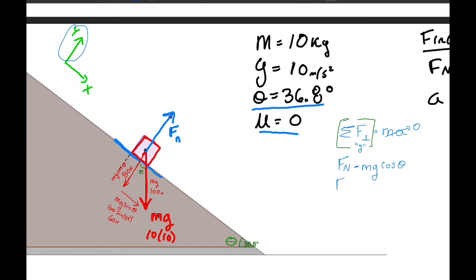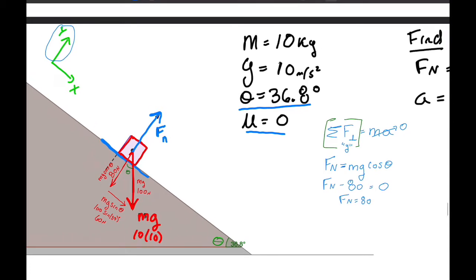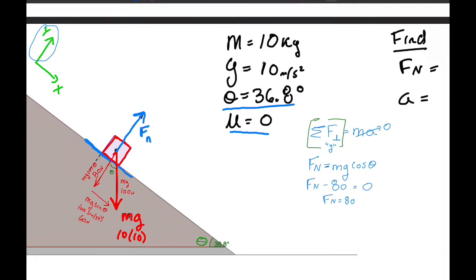In numbers, that's Fn minus 80 equals 0. That's nice. It lets us solve for Fn. So Fn in numbers equals 80, or Fn in symbols equals mg cos theta. Okay, cool. Let's go ahead to our other direction, this y direction. I mean, x direction.